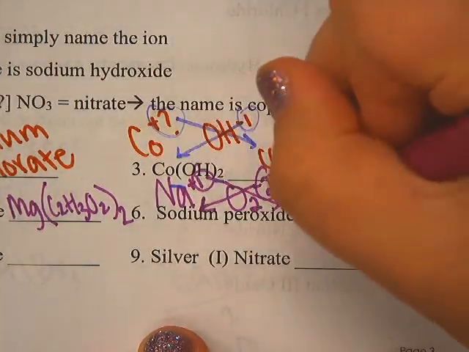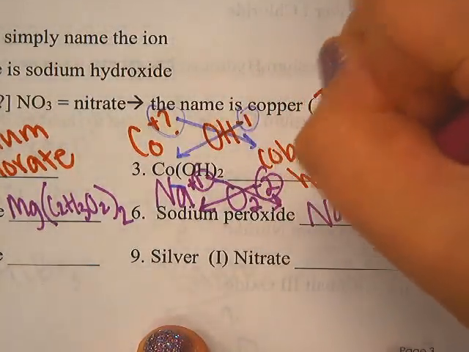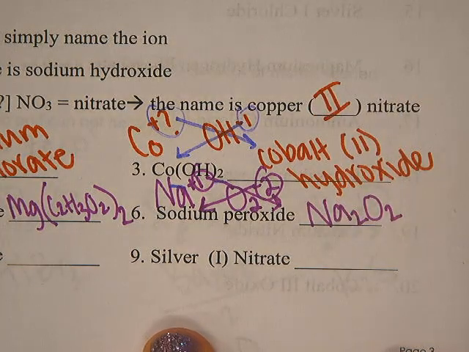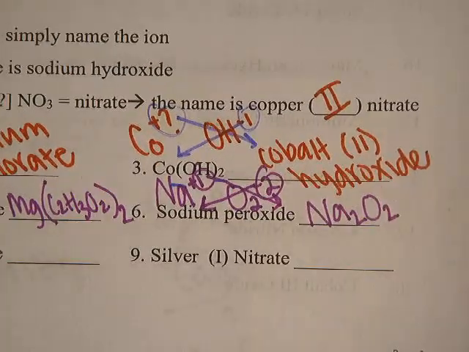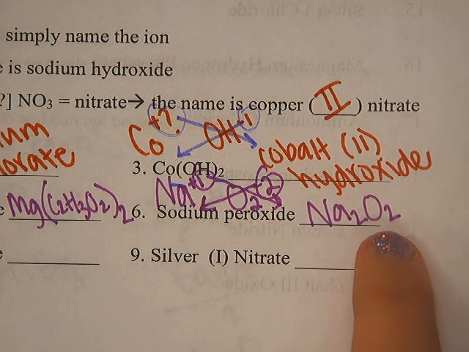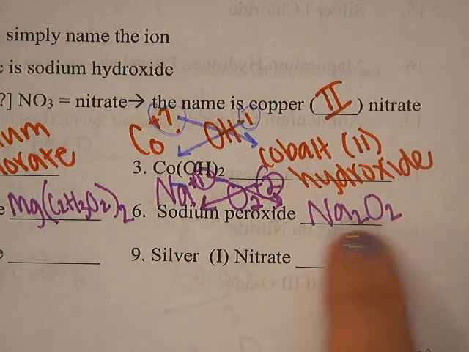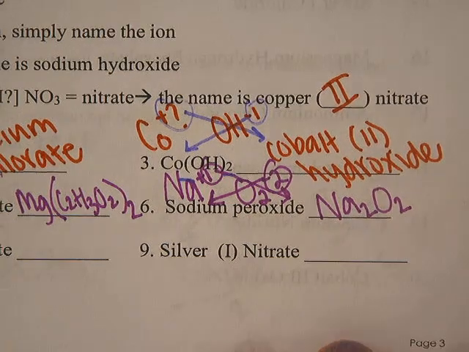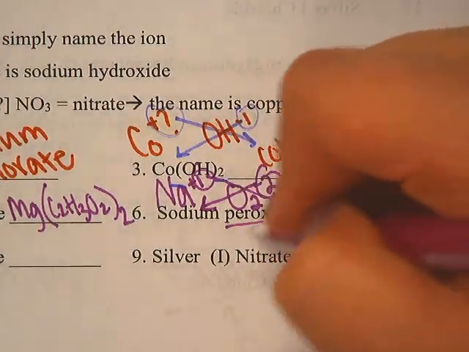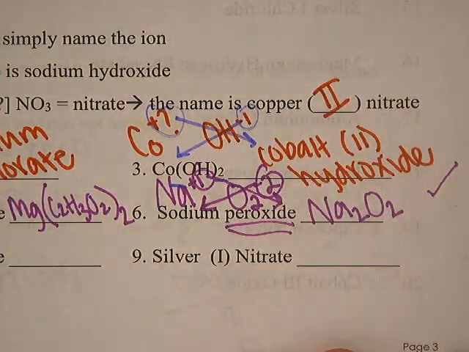So when you write it, it becomes Na2O2, which if you've been practicing, you might have the urge to reduce that. However, because peroxide is a polyatomic ion, we're not going to reduce it, because if I divide this whole thing by 2, I no longer have peroxide. So that is basically part of its name. That 2 is going to stay there. So even though this might look improper, it's correct because peroxide will keep that 2. So that one's just a little bit special.